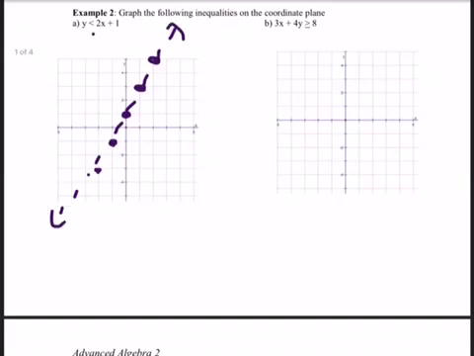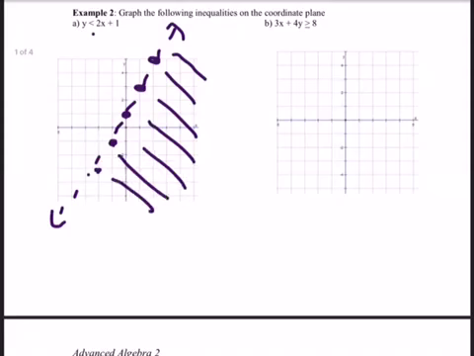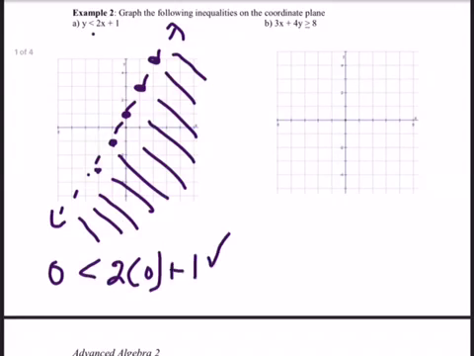And then since it says y is less than, that means I'm going to shade underneath the line. Or you can plug in 0, 0 and see that it does in fact make a true statement. So I shade where 0, 0 is, which is on the underside of the line.